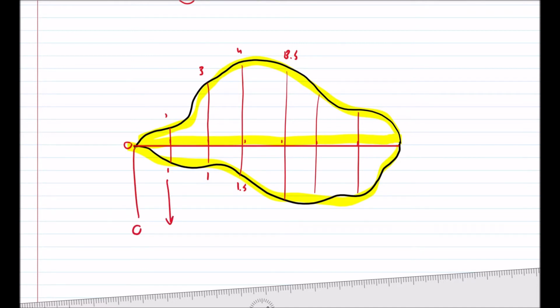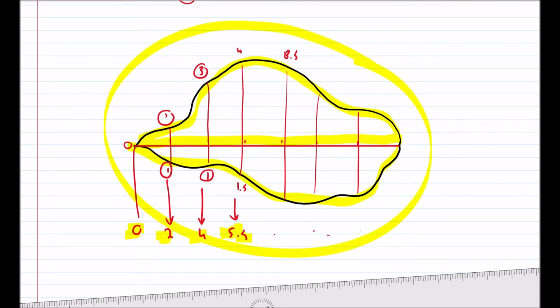This height here, we add the 1 and the 1, we get 2. We add the 3 and the 1, and we get 4. 4 and the 1.5, we get 5.5, and so on. And we use trapezoidal rule using these. And if we do that, we'll be able to get the area of the whole thing together. Okay, so it'll save us a bit of work.